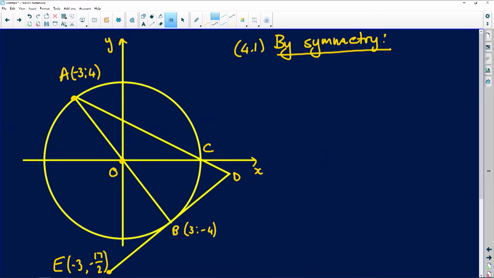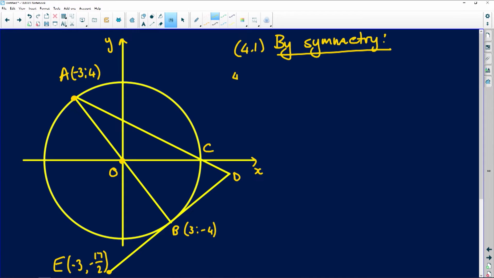It's similar to rotating it through the origin, with the center of rotation the origin, 180 degrees. Not that difficult. Symmetry: the x values change sign, and so do the y values. That was a quick one for 2 marks. Amantle, I hope you saw that.